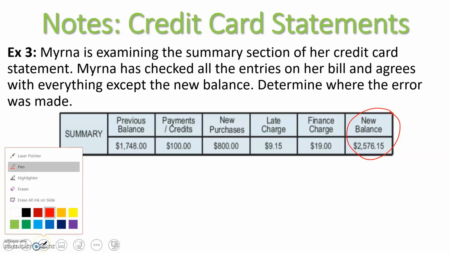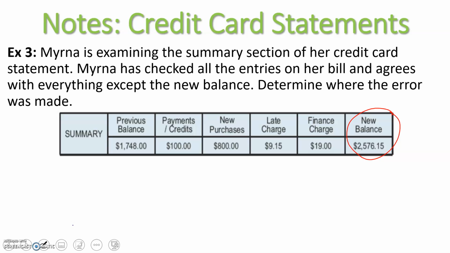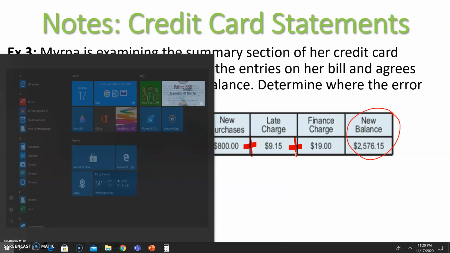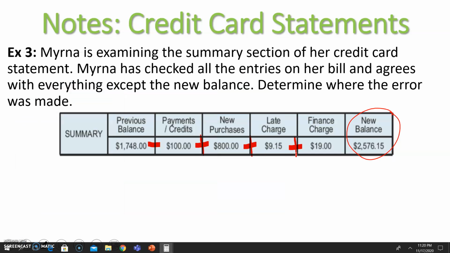So we know that in calculating our new balance, we have to take the previous balance. We have to remove payments, so minus. We have to add on the new purchases. We have to add on the late charges and the finance charges. And let's see if what we get is the same as what the bank calculated, and let's see if we can find the error.